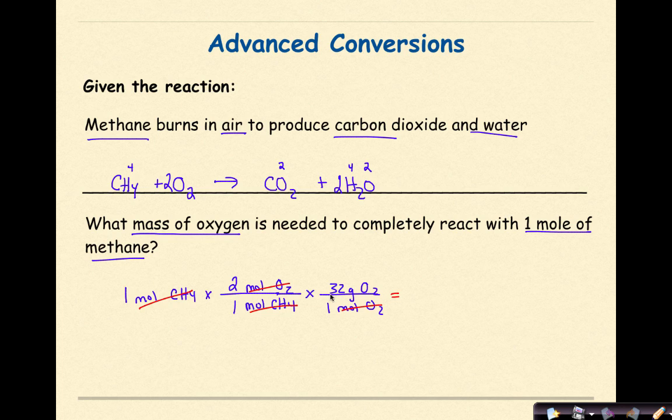I am left with mass of oxygen, which is what I want. So 1 times 2 times 32 divided by the collective 1 will give me 64 grams of O2. And I'm not going to worry about significant figures here. Let's make this 1.0. So 64 grams of oxygen as my final answer.